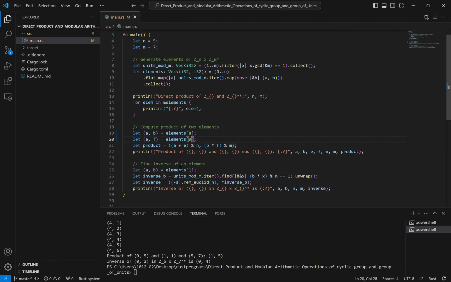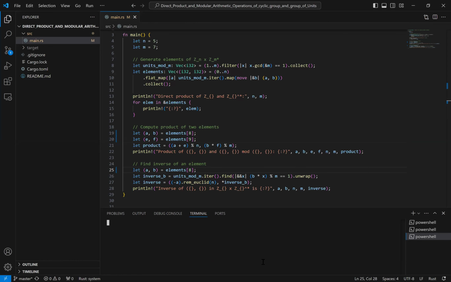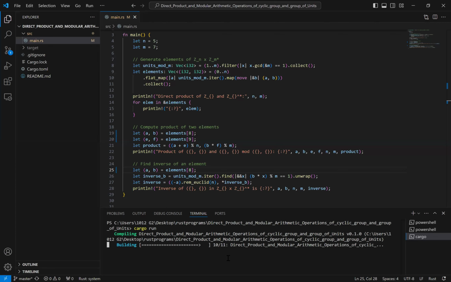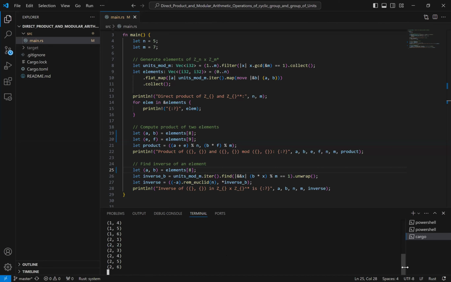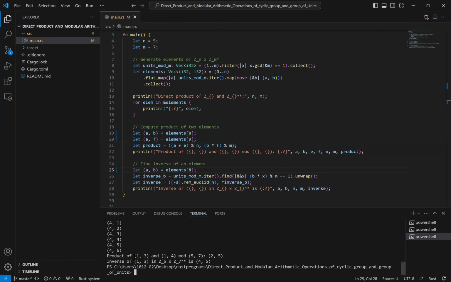And this one will be 9. And I also want to change the inverse. I want the inverse for the 8th element. Now, the 8th element is this.